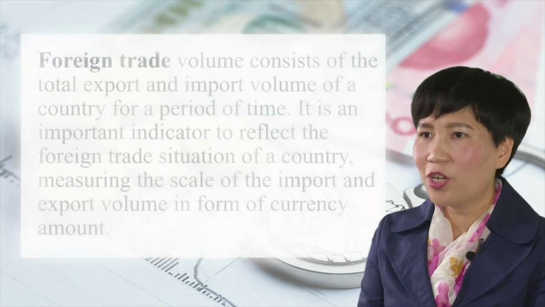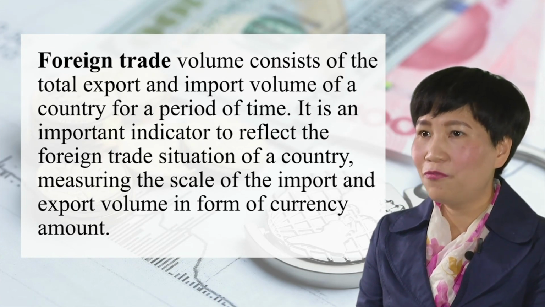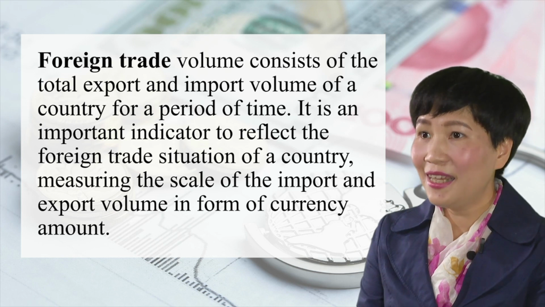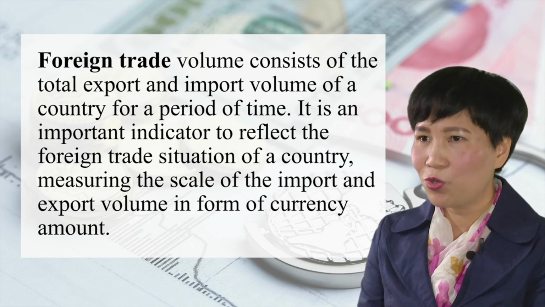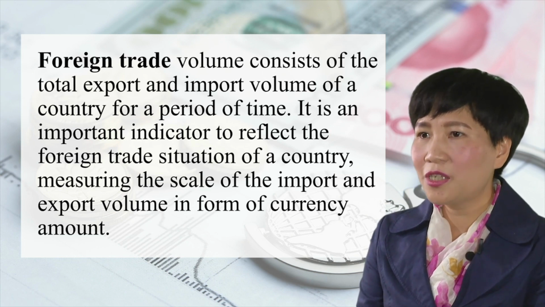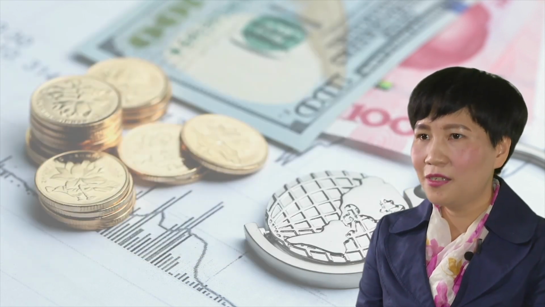balance. Foreign trade volume consists of the total export and import volume of a country for a period of time. It is an important indicator to reflect the foreign trade situation of a country, measuring the scale of the export and import volume in the form of currency amount.